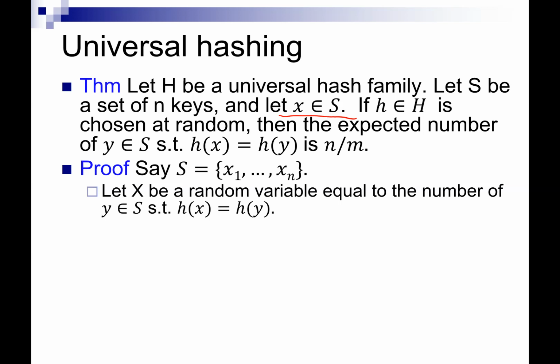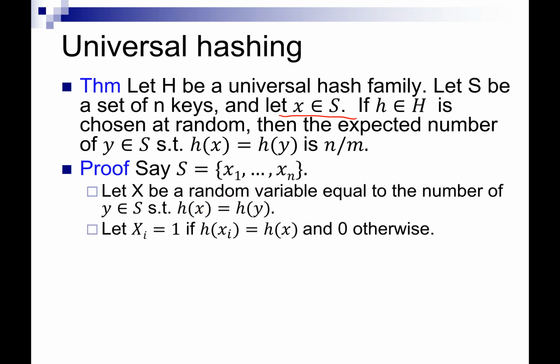The way we're going to show this is that suppose your set S has n keys in it, and let's let this random variable capital X be equal to the number of other keys in S that collide with x. So we're going to set X_i to be 1 if the ith element in your set collides with x using this hash function h, and otherwise it's 0.